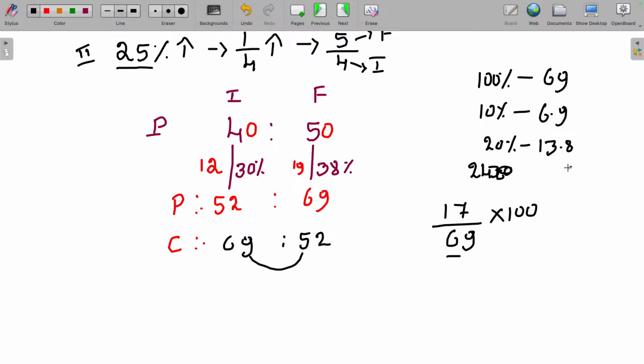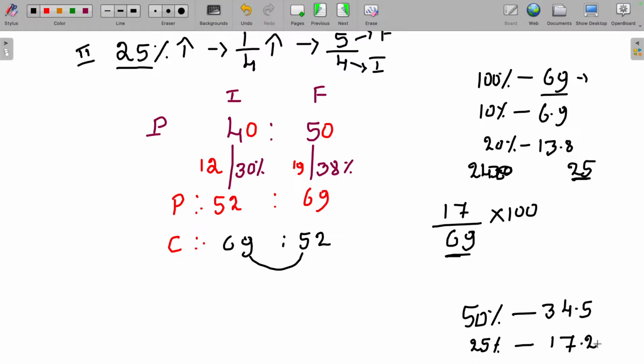Now I have two options, one is 24, one is 25. Which one is easy to check? 25 percentage I can easily check. 100 percentage is 69. 25 percentage means half of half. 69 one time off, that is 34.5, that is 50 percentage. Half of this, 34.5, is 17.25, so 25 percentage is 17.25.